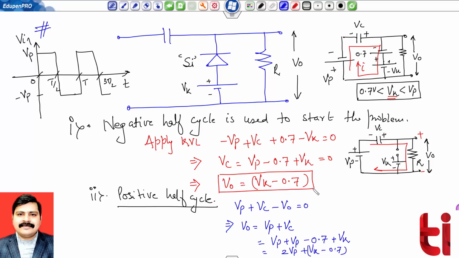Now by applying all these conditions, one can easily draw the output waveform, and the idea will be clear with the numerical examples. So this is for the clamper, and this is my positive clamper.